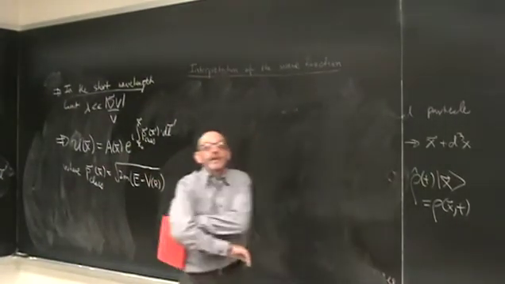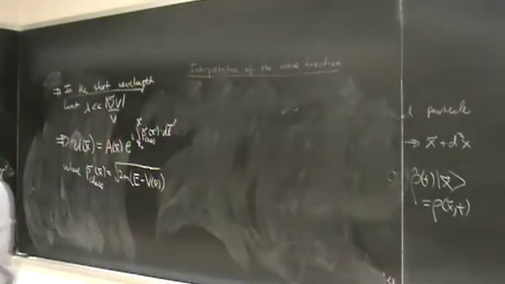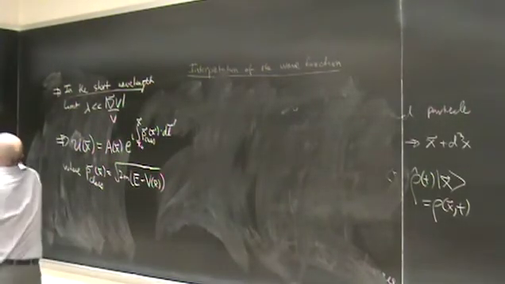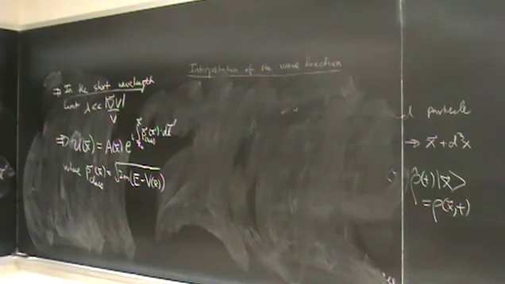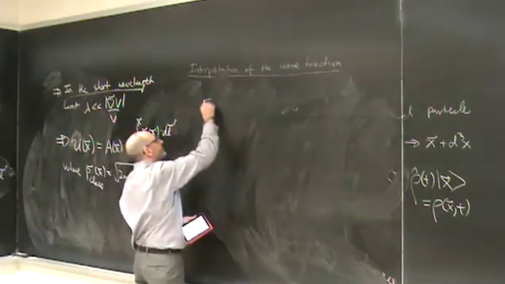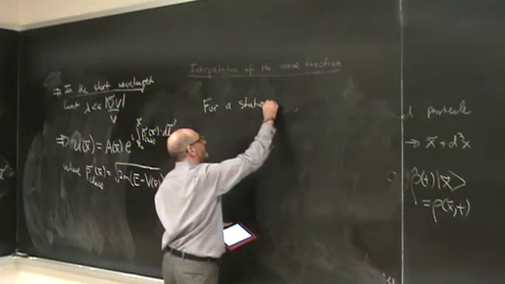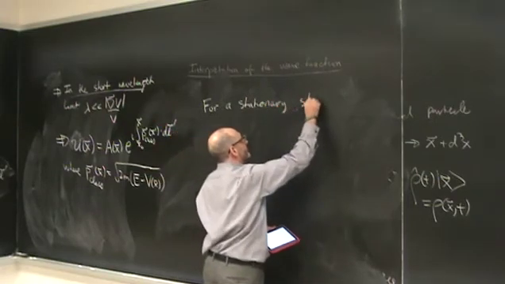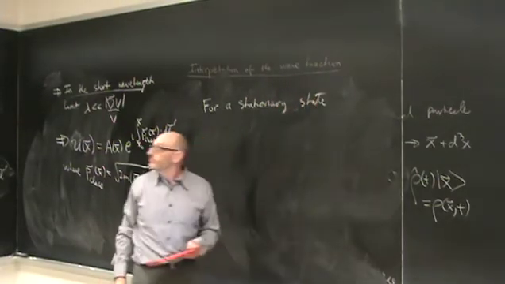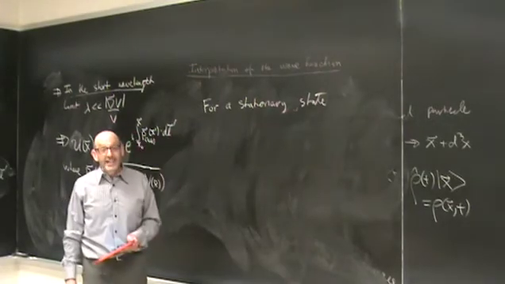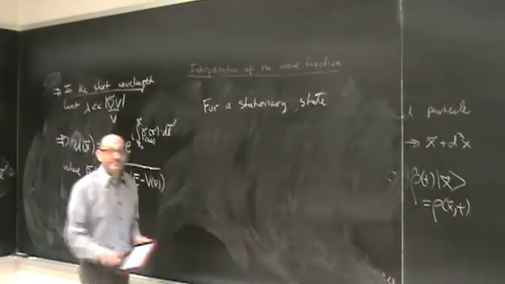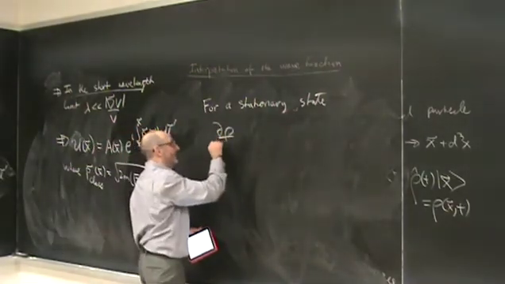This is a stationary state, right? That's what I'm looking at here. What can you tell me about the probability density as a function of time? It's not changing. It's not a function of time. So d rho dt is 0.